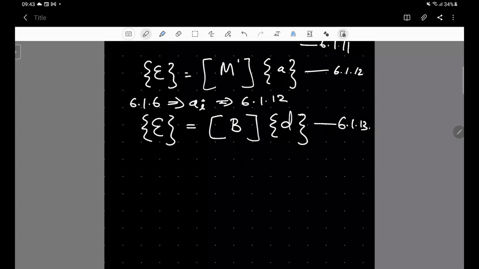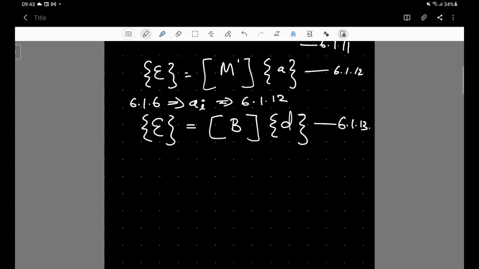So the strains can be described using the B function, which is a function of the coordinate systems, and of course the displacement function here.